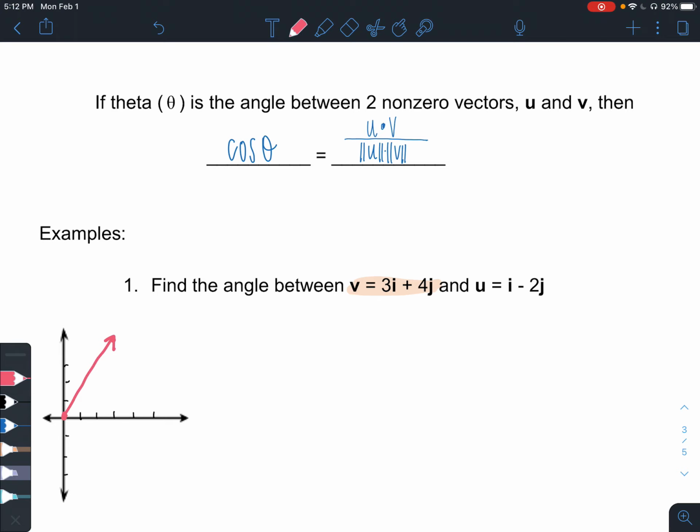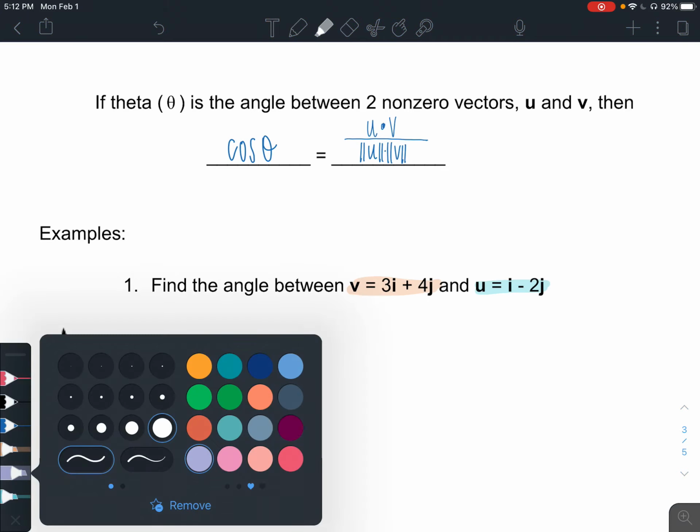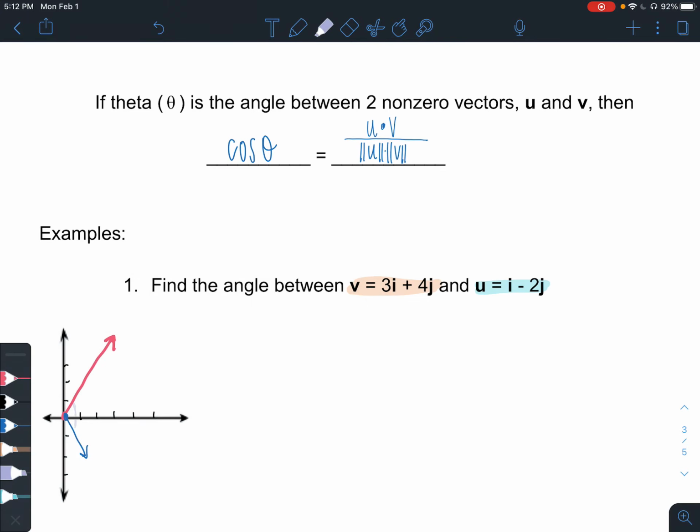So that is that vector. And then u is 1, negative 2 in the blue. So there is that vector. And what we are trying to find is the angle between them, which is this angle right here. It's kind of hard to see in that purple.